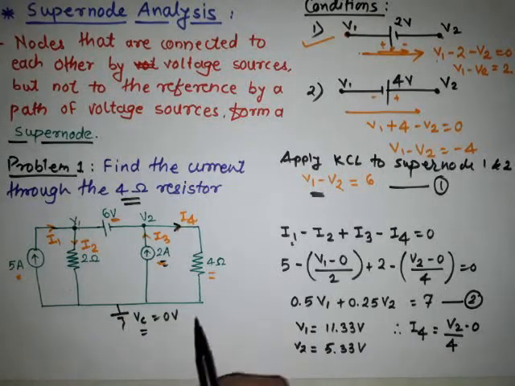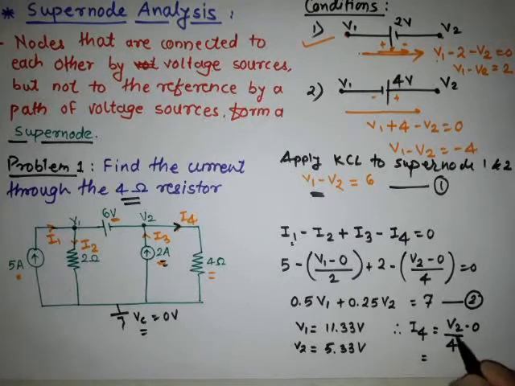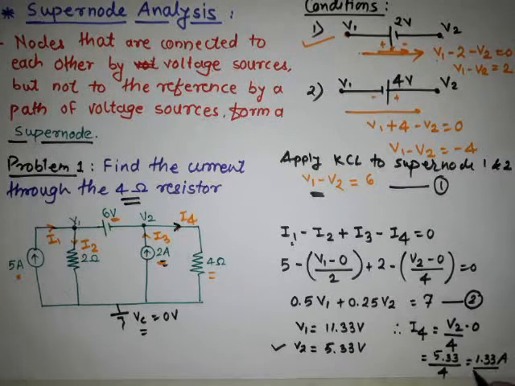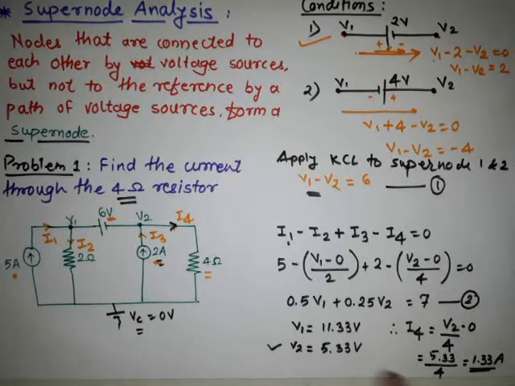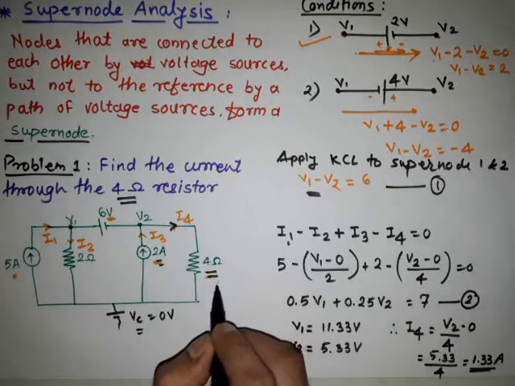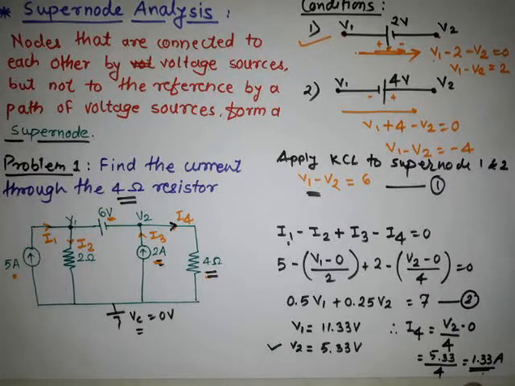V2 minus 0 divided by 4, which is equal to, V2 we have found here, it is 5.33. So simply it is 5.33 divided by 4, and which is equal to 1.33 ampere. This is the final answer. So through the 4 ohm resistor, a current of 1.33 ampere is flowing.